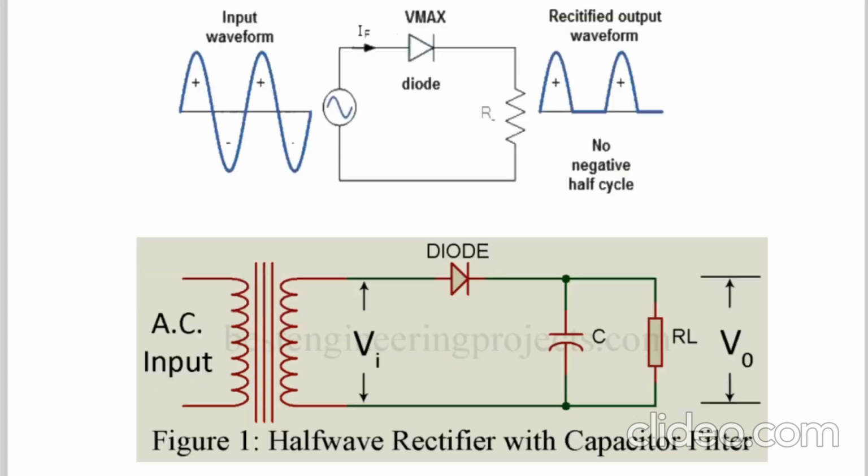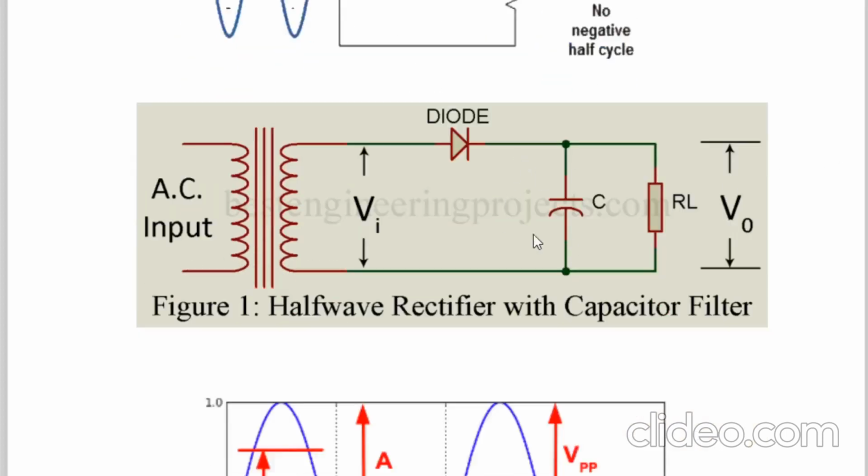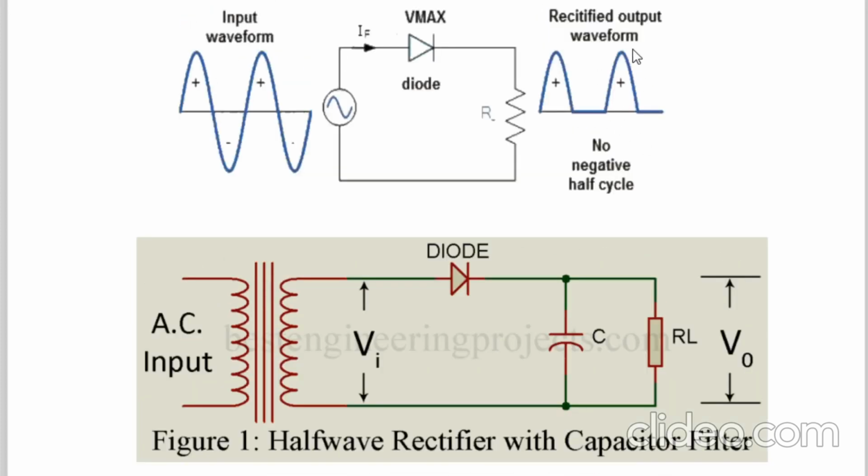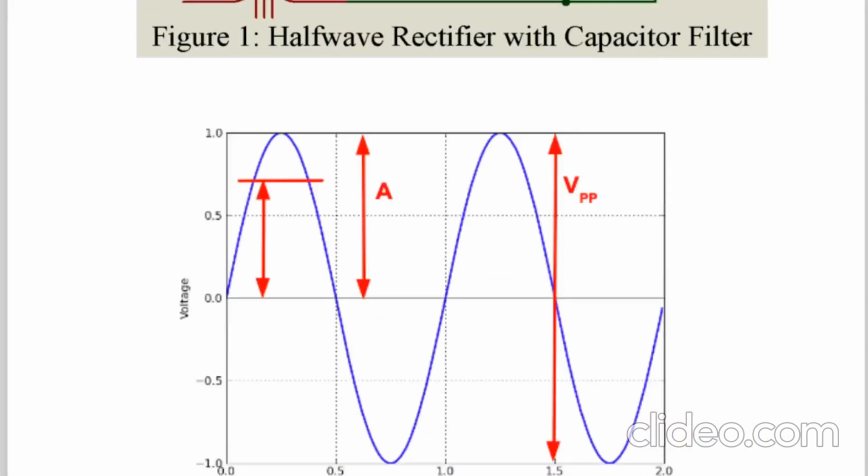Now, suppose you try to use the rectifier circuit with a capacitor as a filter. But remember, at the output of the diode the magnitude is only 0.3 volt, so the capacitor will not help you in improving the magnitude of the DC voltage at the output. The DC voltage at the output will depend on the peak value of the pulse appearing at the output of the rectifier circuit. So this is the problem.